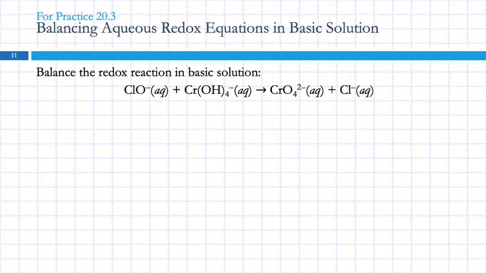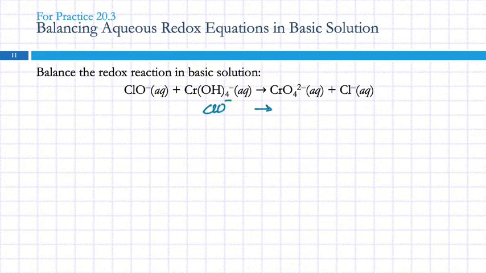There's another one. So here we've got chlorate, hypochlorite ion, ClO minus, and CrOH4 negative, which is not something we learned how to name.